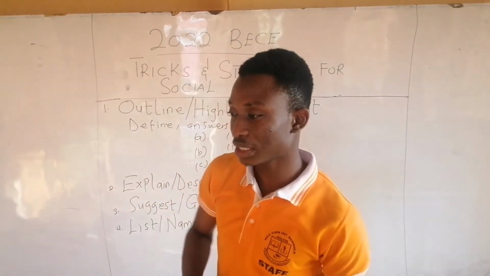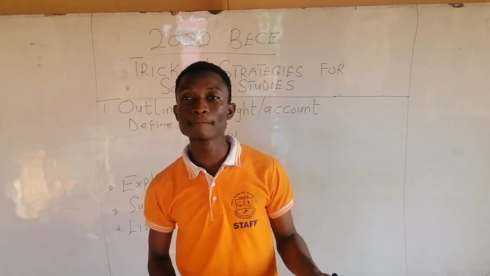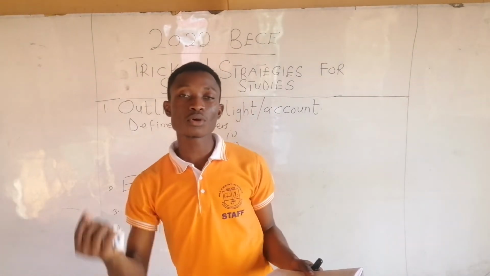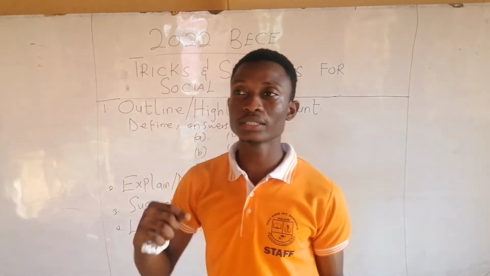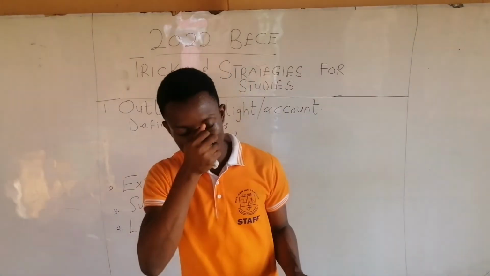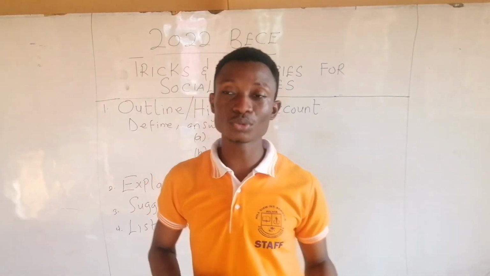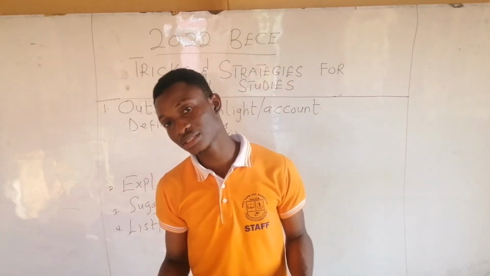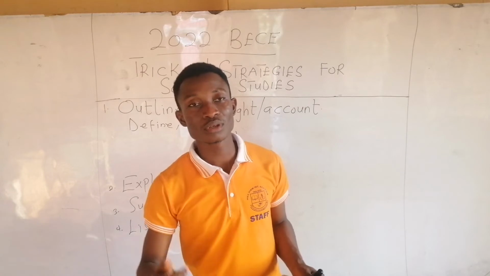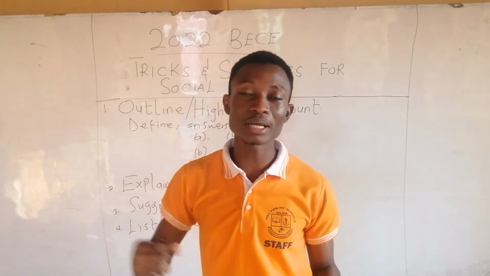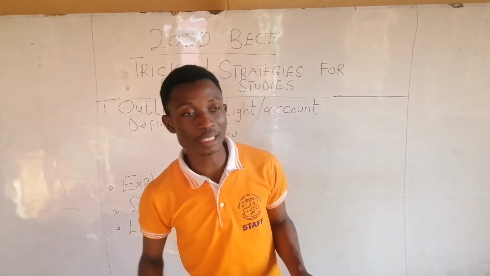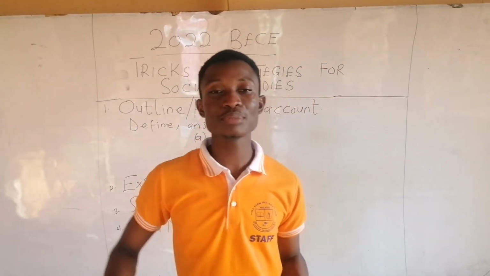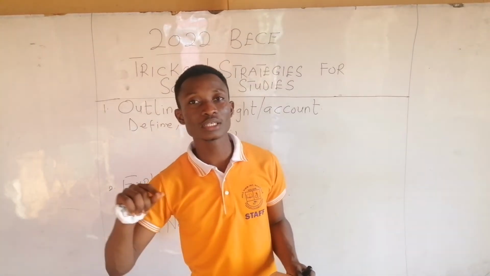Let's take this question. Enumerate 2 causes of the 1948 riot, 2 marks. A riot is any disturbance that harms or affects the peace and stability of a country.